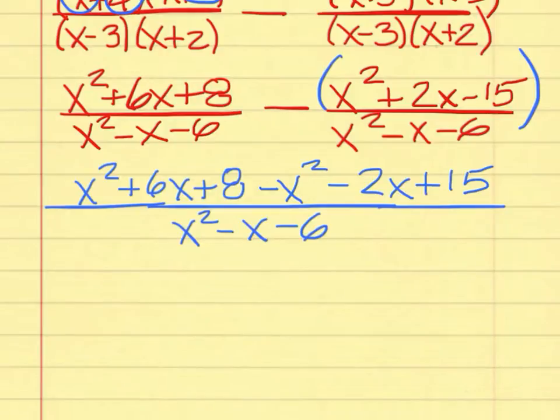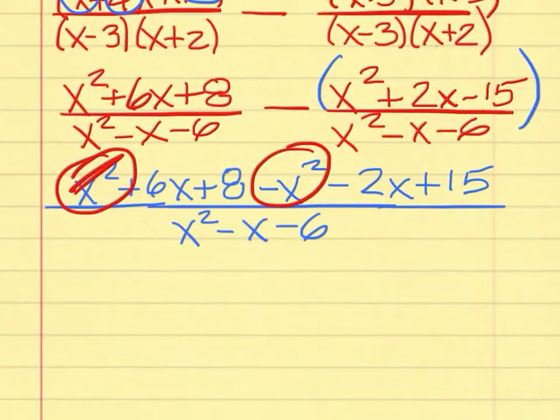Now we have to simplify like terms on the top. So simplifying like terms, what am I left with when I simplify my x squares? Nothing, that's right, because they cancel out. x squared minus x squared is 0.